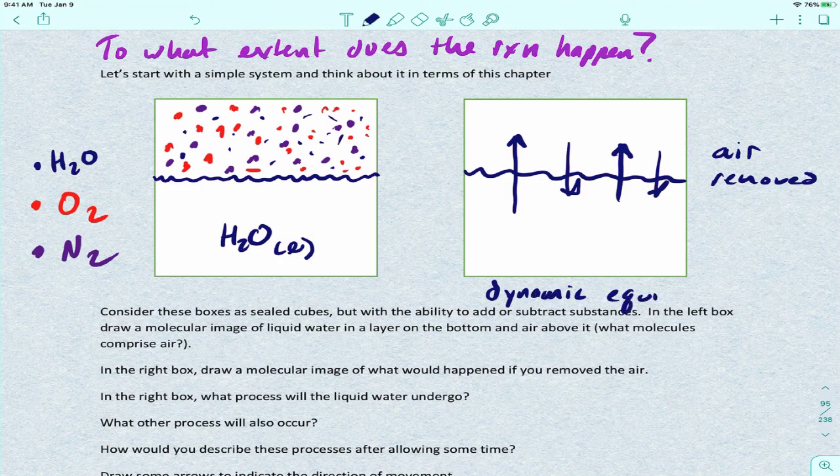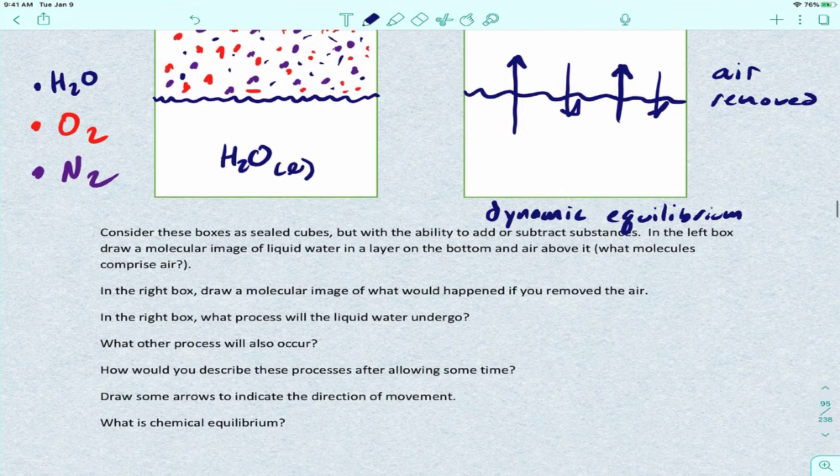Where you constantly have molecules go from liquid to gas and then vice versa, gas to liquid, and this constantly happens. We don't really have to do a whole lot for it. It just happens on its own. So that's kind of what we're looking at. So in the right box, what process will the water liquid undergo? Well, that's vaporization.